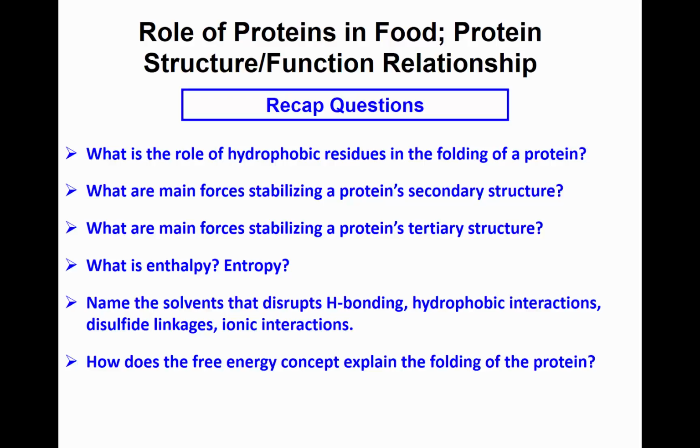What does that buffer have? A detergent, SDS. So detergents can actually disrupt hydrophobic interactions, hydrogen bonding, and ionic interactions. Any non-covalent bonds can be disrupted by detergent. Hydrogen bonding specifically can also be disrupted by urea.